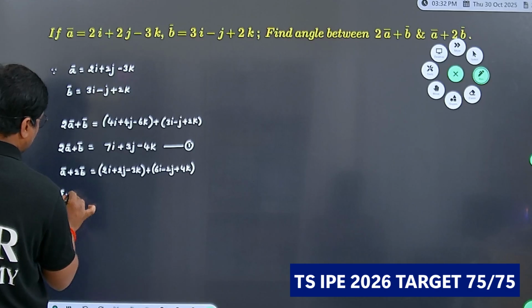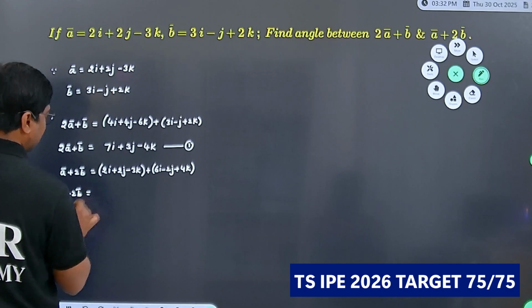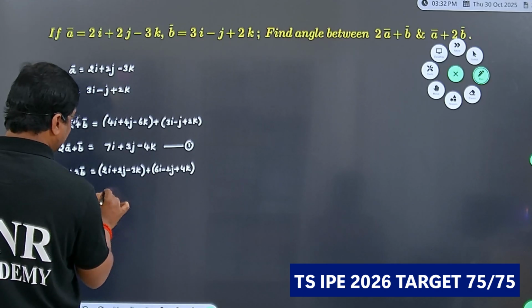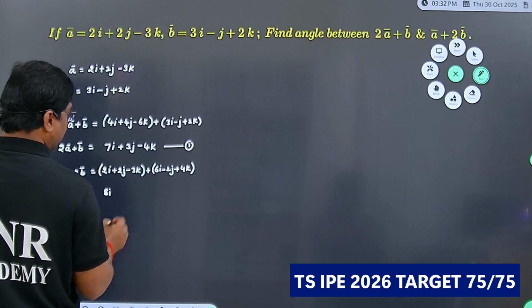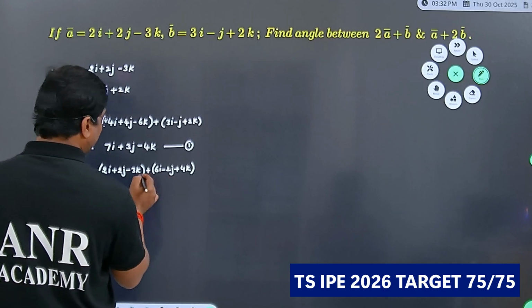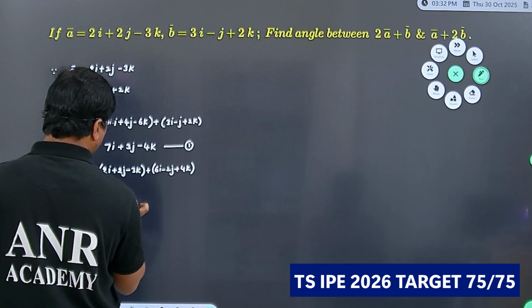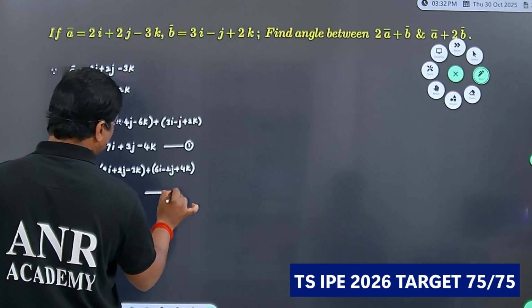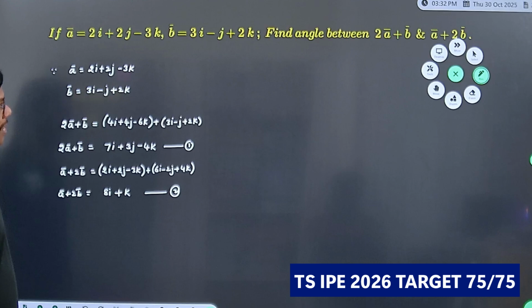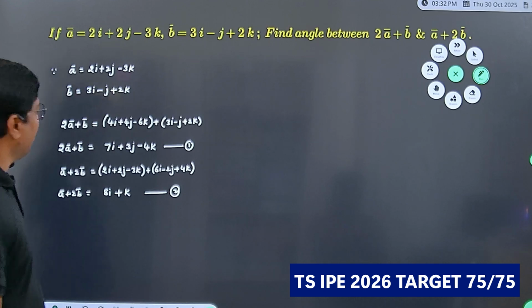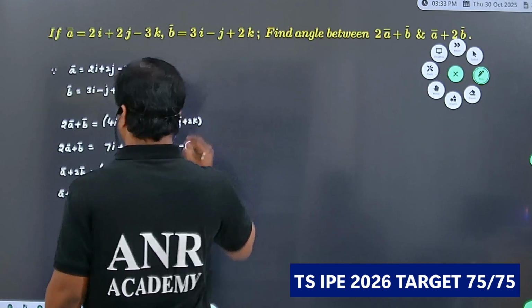On simplification, a plus 2b becomes, this is 8i. Next 2j gets cancelled. Minus 3k plus 4k becomes just plus k. This is second vector. Now we need to find angle between these two vectors.